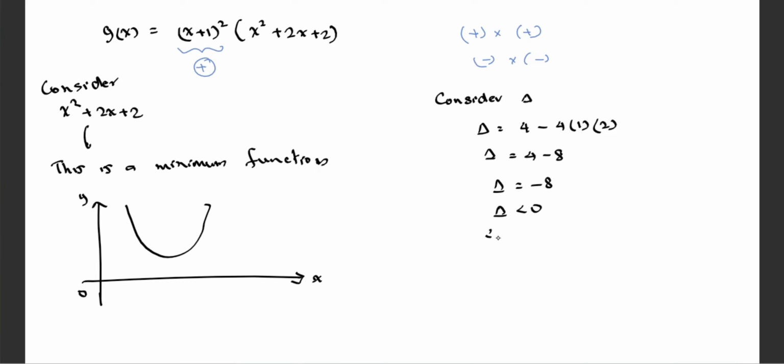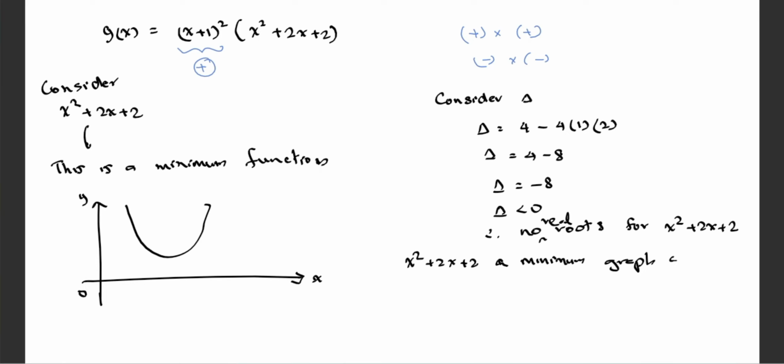Delta is negative, therefore no real roots for x squared plus 2x plus 2, which means this minimum graph will not touch the x-axis, so it always lies above the x-axis, which means the function is always positive.